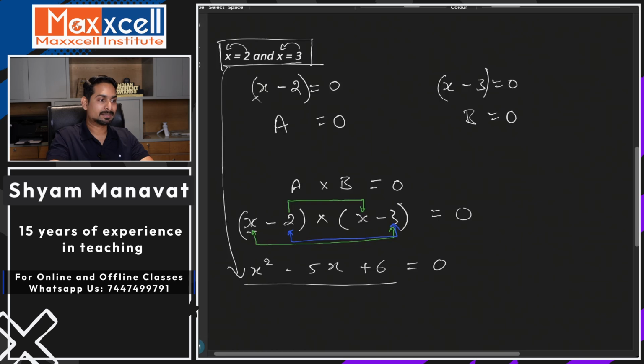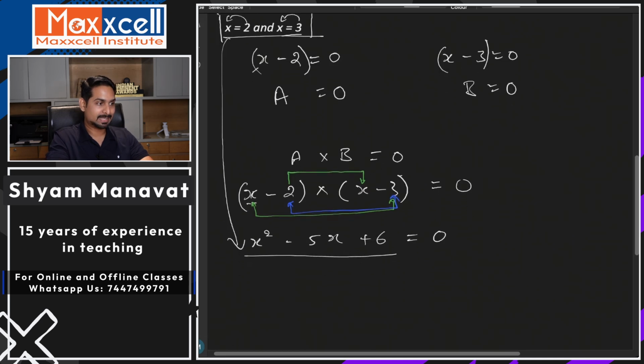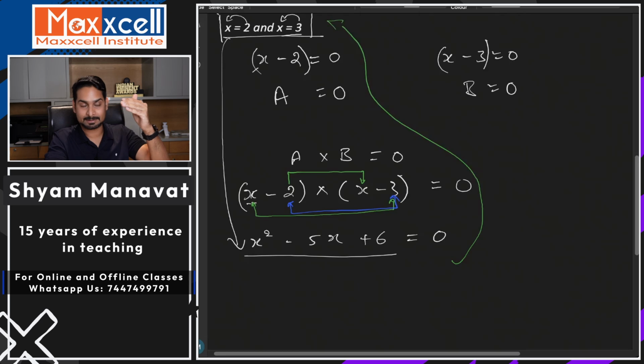When we go reverse, suppose if we have this equation and I want to know the value of x, if you go in the reverse direction, yes, I will get x is equal to 2 and x is equal to 3, from where this particular quadratic equation formation started. Roots of it, right?